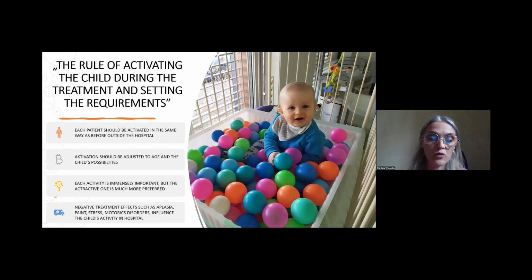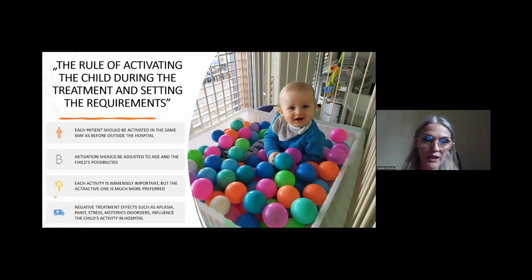Because we try to do everything so that the children, when they are after treatment, can come back to their natural environment, to school, to kindergarten. So it is very important to do everything before and during treatment to activate this person.